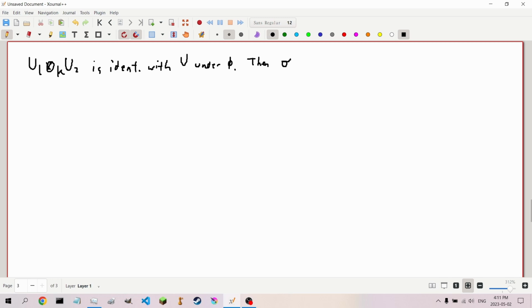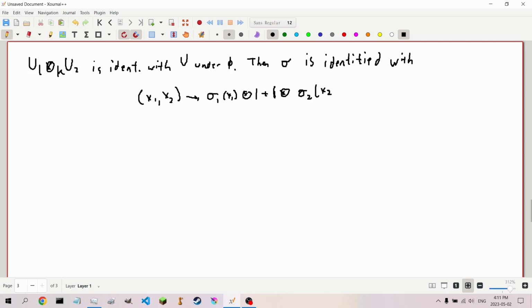Yes. This is identified with the map from x1, x2, this is in G, to sigma 1 x1 tensor 1 plus 1 tensor sigma 2 of x2.